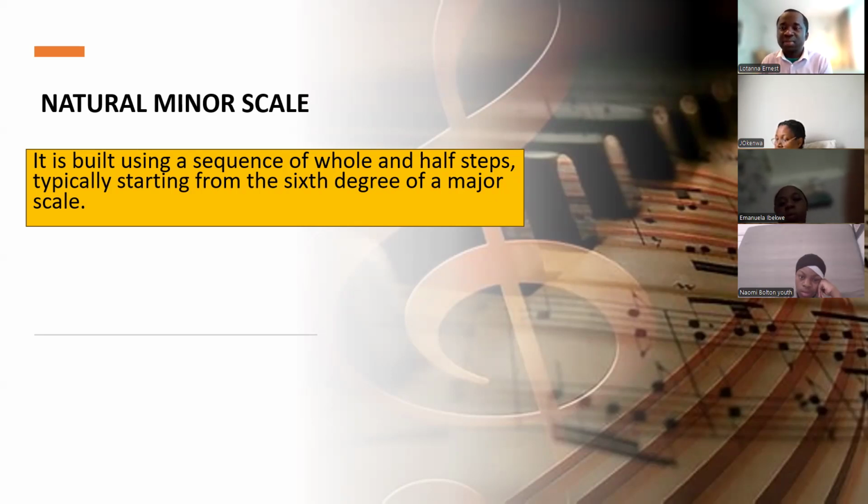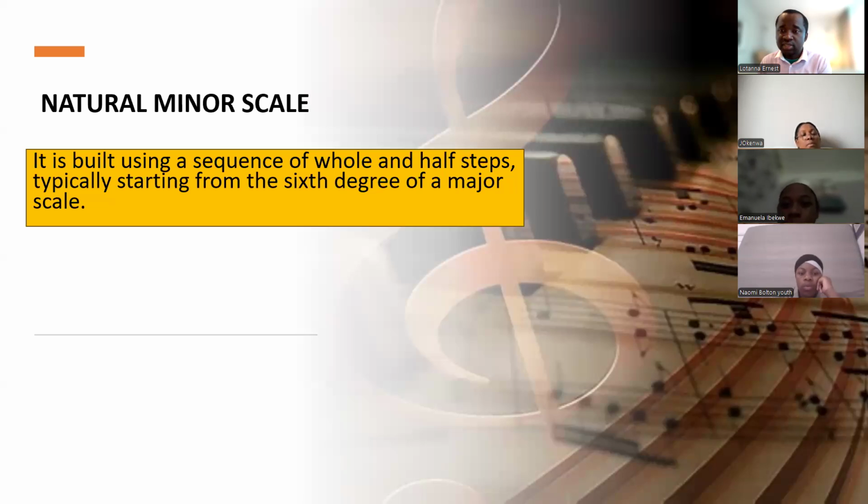You form the natural minor scale because you've not added anything to that major scale. You've not added additional sharps or flats or anything. It is the same notes that are on that major scale. The only thing is that you've just rearranged it to start from the sixth degree. Do you get that point?